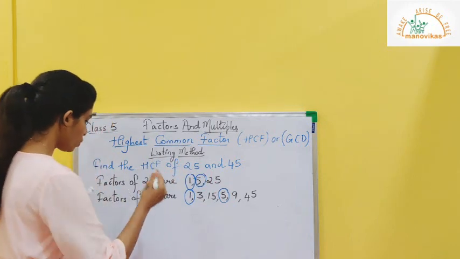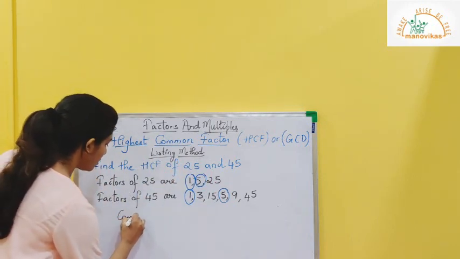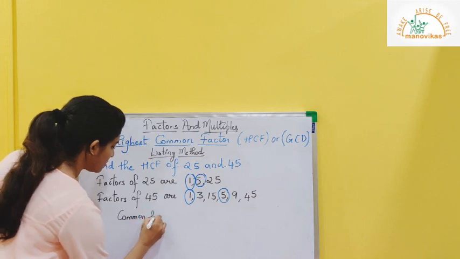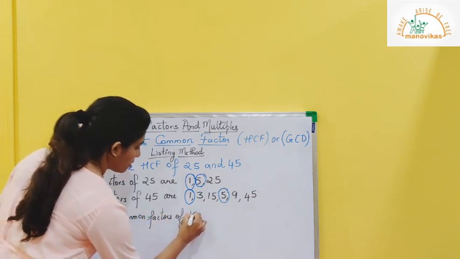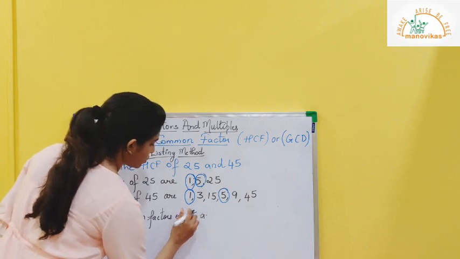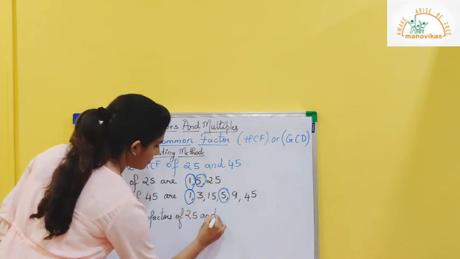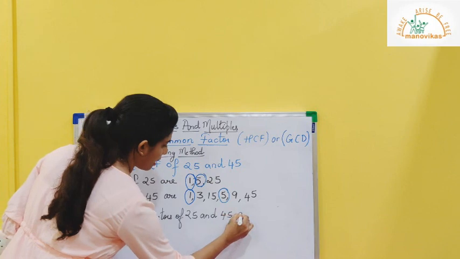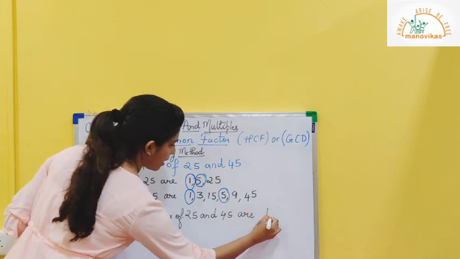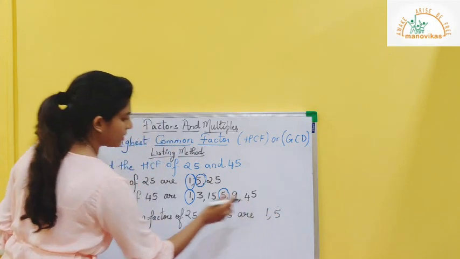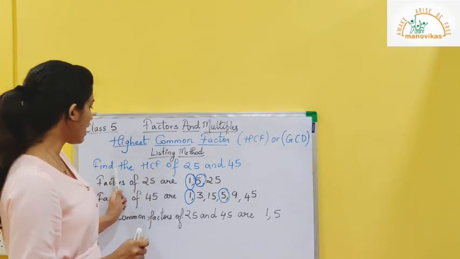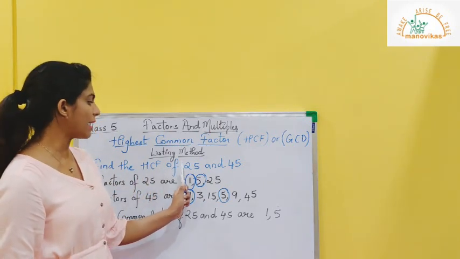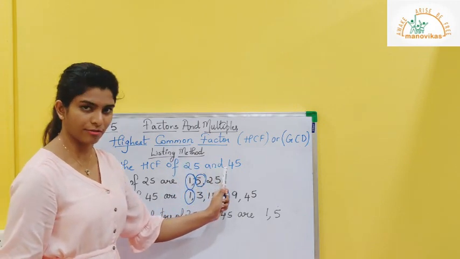Okay, now you know common factors of 25 and 45 are 1, 5. These are two common factors. The question is, find the highest common factor of 25 and 45.